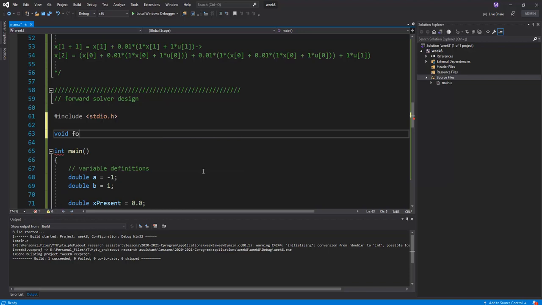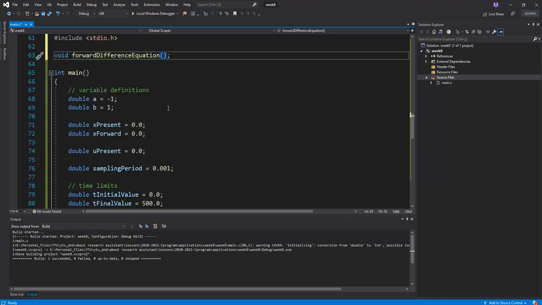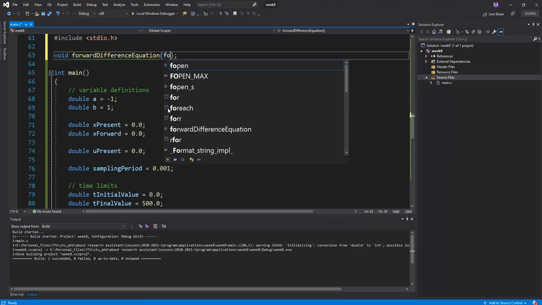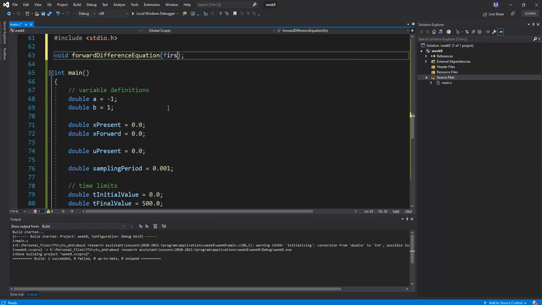Void forward difference equation can be given in here, and we need to take some parameters, like the first integer parameter, the second integer parameter, the double x present value, or we should not add these, but we should add the double sampling period value as a prototype.